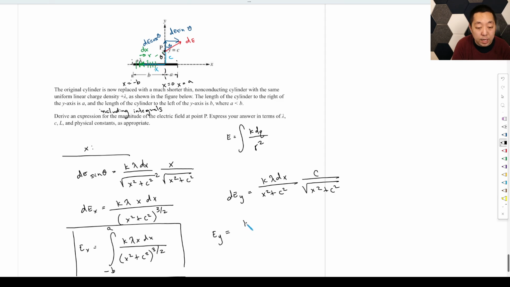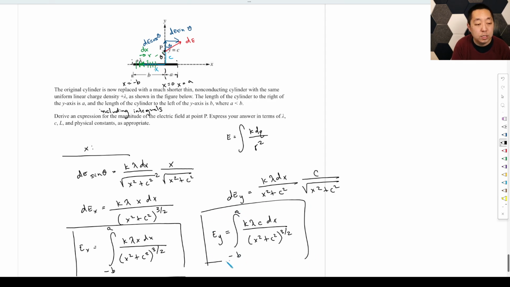So it's k lambda c dx over x squared plus c squared to the 3/2 power. Then we integrate this from negative b to a. So that would be the components of the electric field.